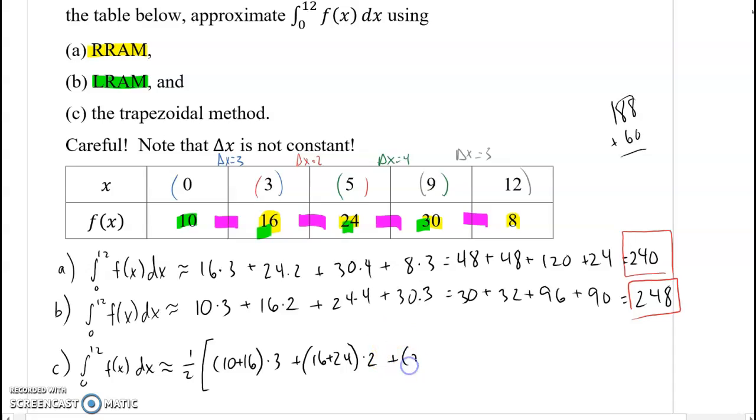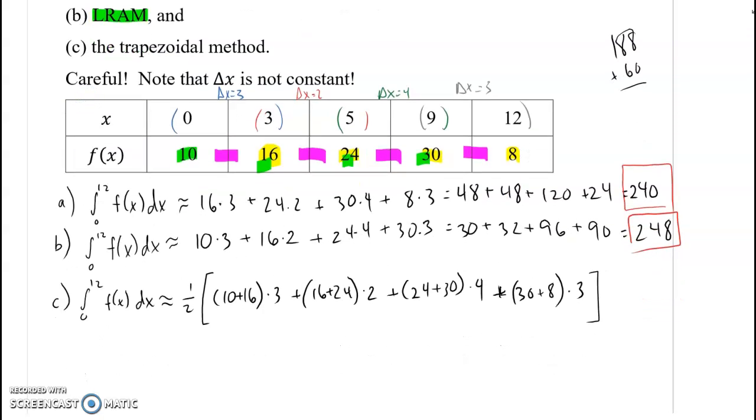And then 24 plus 30 times the next delta x value of 4. And then lastly, we have 30 plus 8 times our last delta x value of 3. So that would be, once again, just some basic arithmetic after we get it set up.